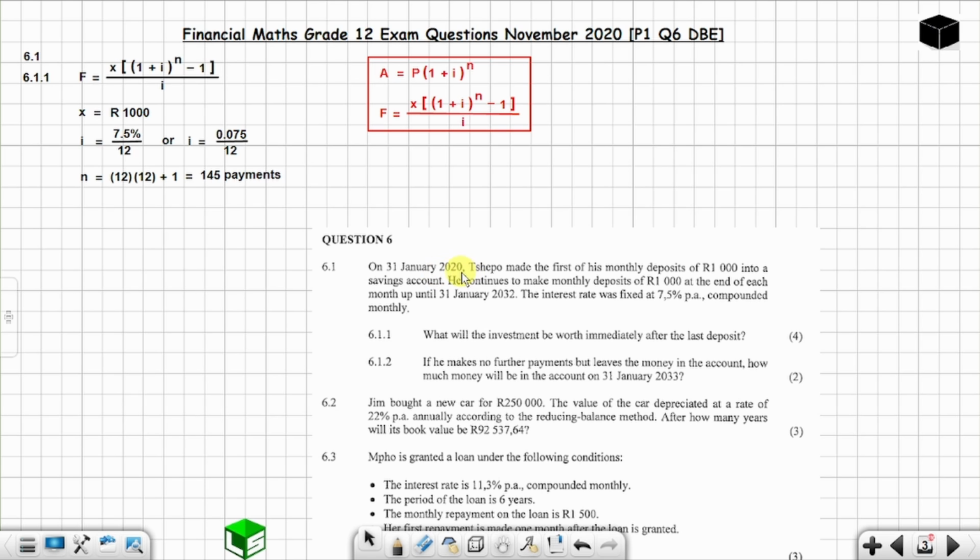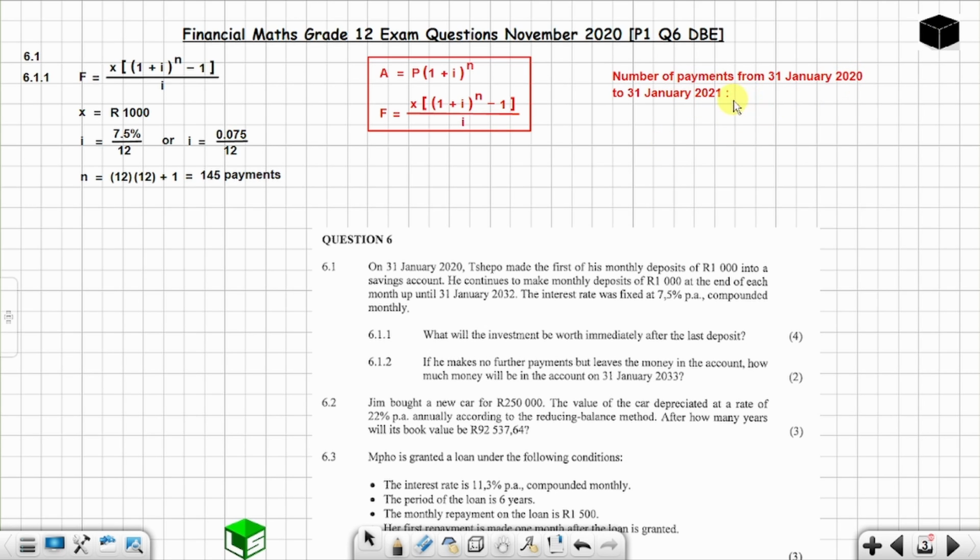We are going to count the number of payments in this interval.